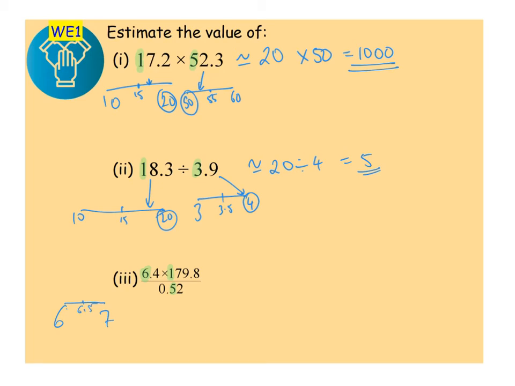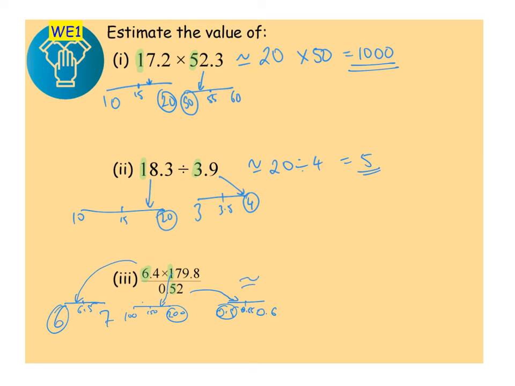Okay, and for the last question, we've got 6 to 7. 6.5's in the middle, 6.4 slightly lower, so I'll use 6. 179.8, so I've got 100 and 200. 150's in the middle. This number is bigger than 150, so I'll be using 200. And for the last one, 0.5, 0.6, 0.55 is in the middle, 0.52 is less than that, so I'll be using 0.5.